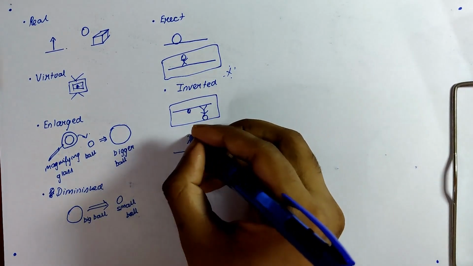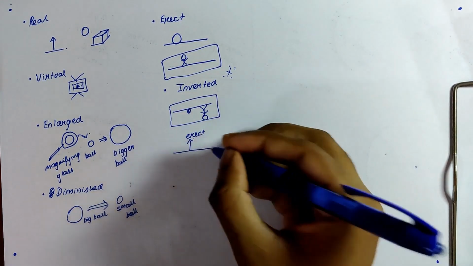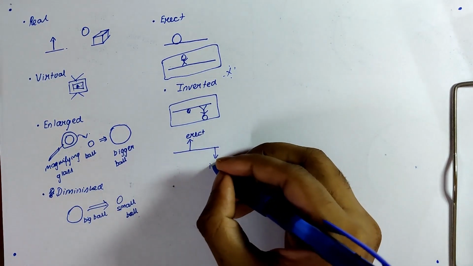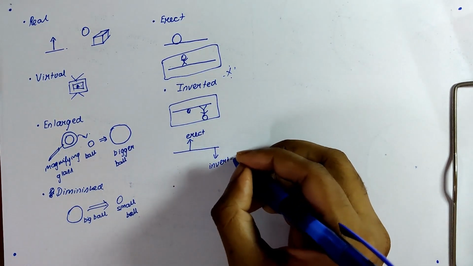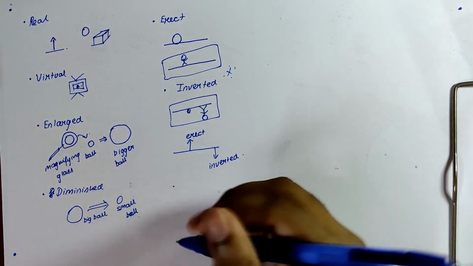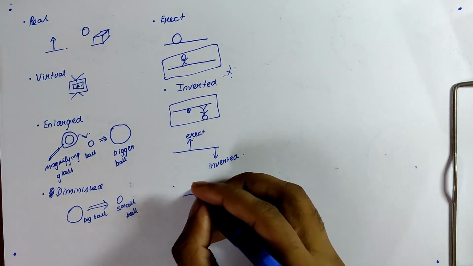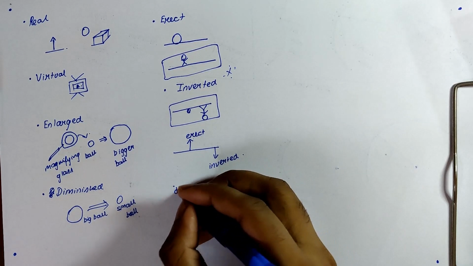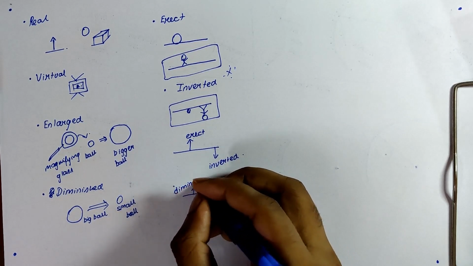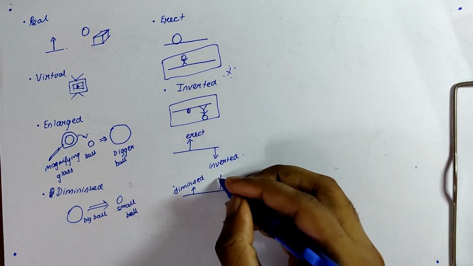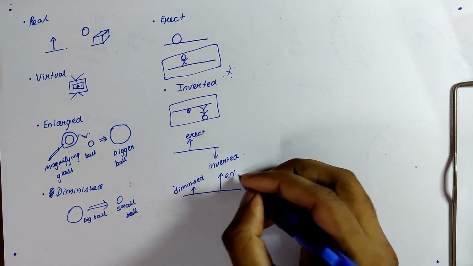This is an erect image. This is the inverted image. Alright. So this is a diminished image. This is an enlarged image.